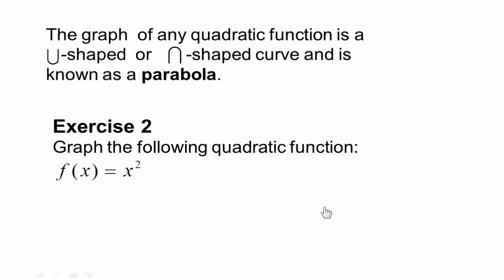Alright, so now let's keep going. What is the form? We've got f of x is equal to ax squared plus bx plus c. Now if b is 0 and c is 0 and a is 1, you've got the simplest quadratic, which would be x squared.